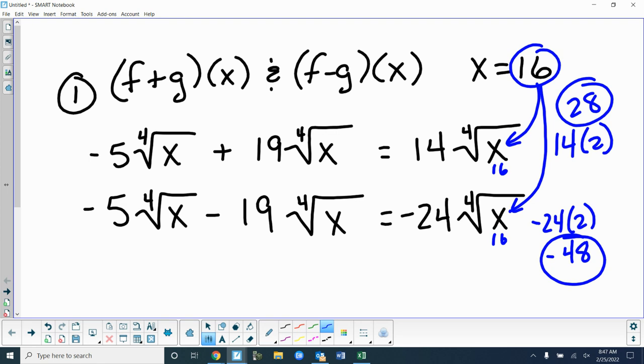Any questions on that one? No. Number 3, when you add the two, you get negative 7x cubed plus 5x squared plus x. And when you subtract the two, you get negative 7x cubed minus 13x squared plus 11x. When you plug in negative 1, you get 11 for the addition and negative 17 for the subtraction.